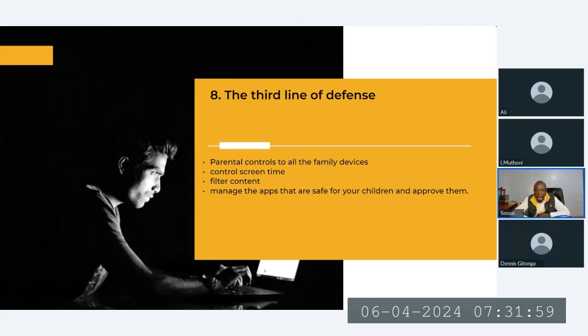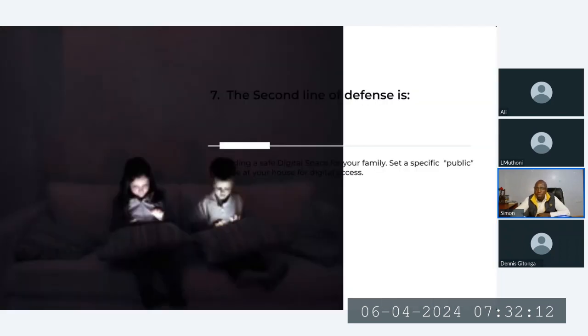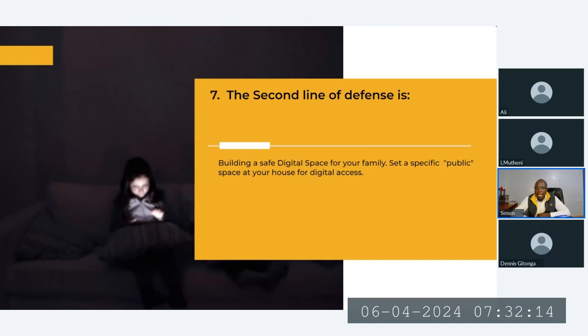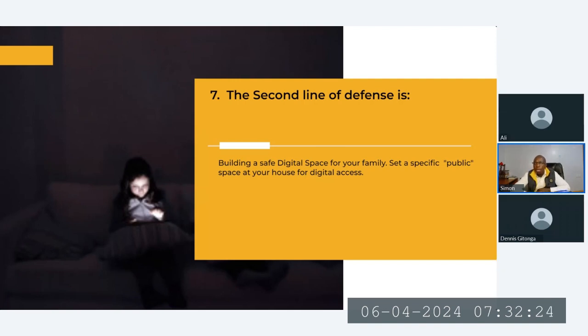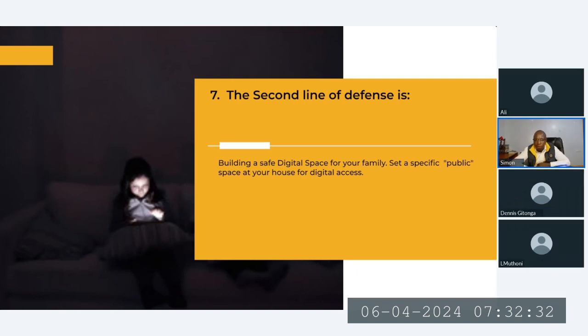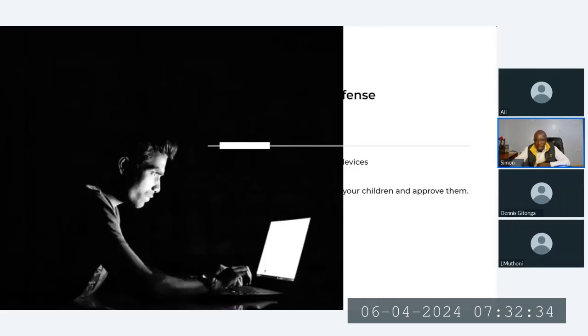So these ones are going to be our main focus in the next trainings, where we will show you how to set up, first of all, this digital space, what should be included, what should be there, and what are the do's and don'ts of that public space for digital access at your own house. This will help make sure that kids know that, yes, I can responsibly access digital space for the purpose of doing something that is positive.